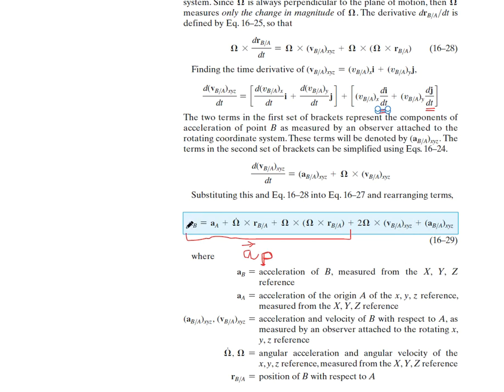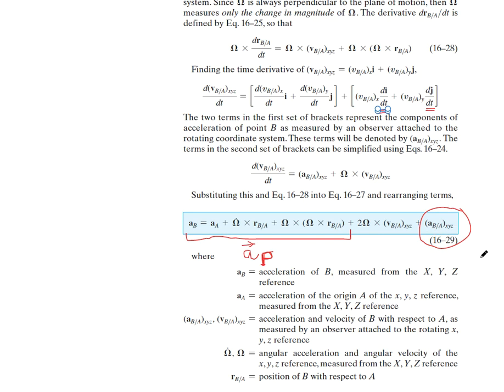So absolute acceleration of B is absolute acceleration of A, and this would be the tangential acceleration of point P relative to A, and this is going to be the normal acceleration of the momentarily fixed point P relative to A. This last term is the relative acceleration of point B with respect to A in the moving frame.